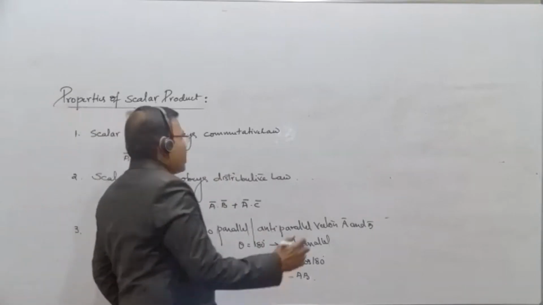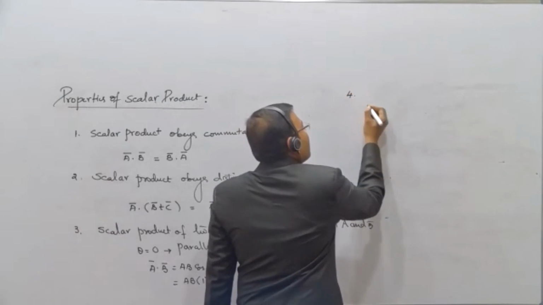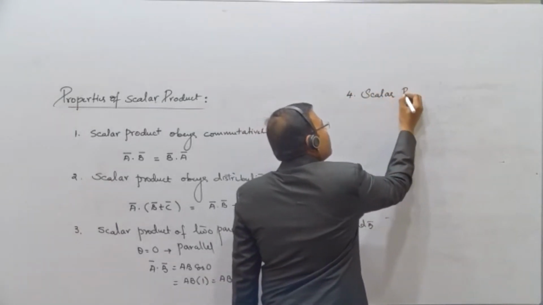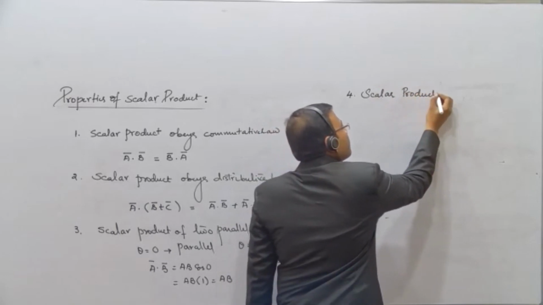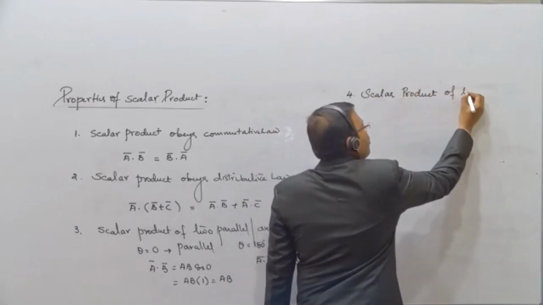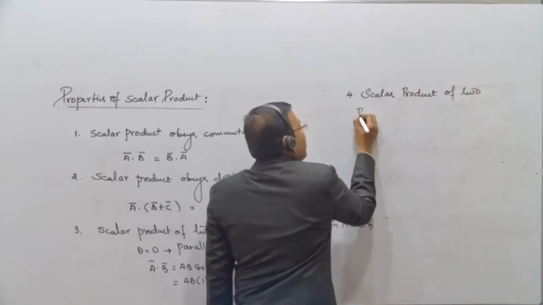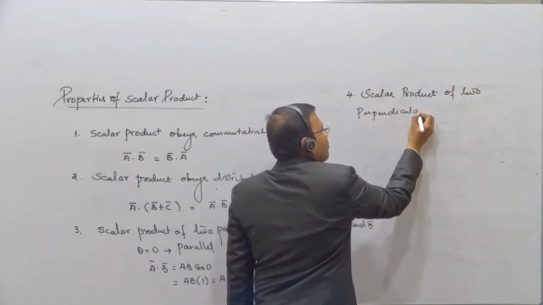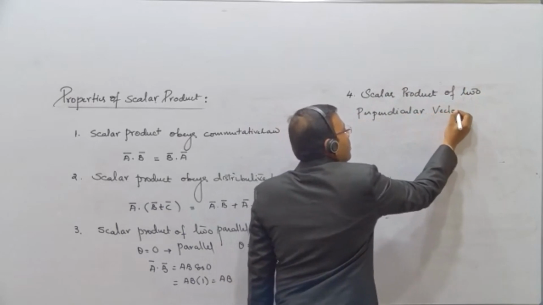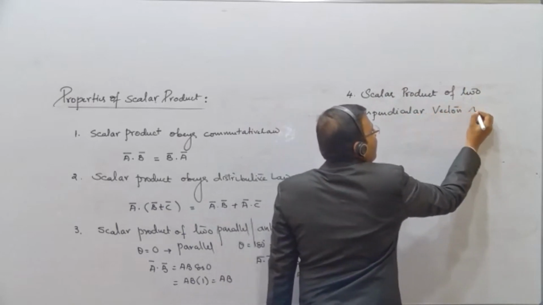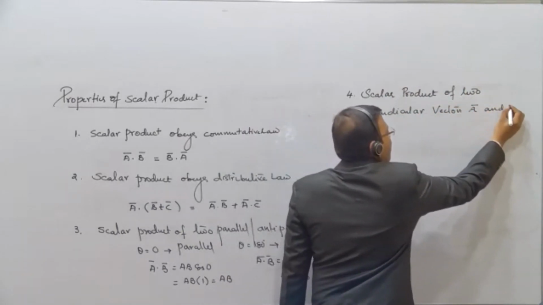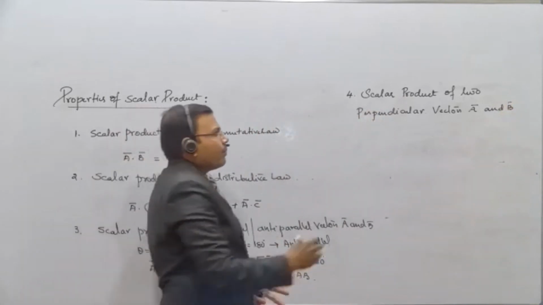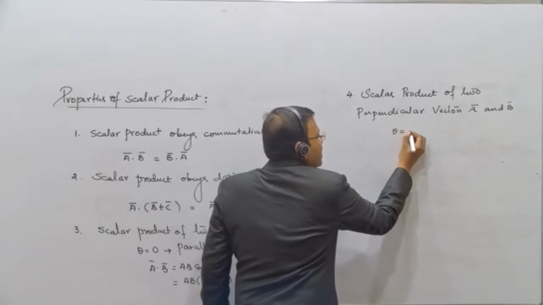The last and very important: scalar product of 2 perpendicular vectors A bar and B bar. Perpendicular means, students, theta as 90.